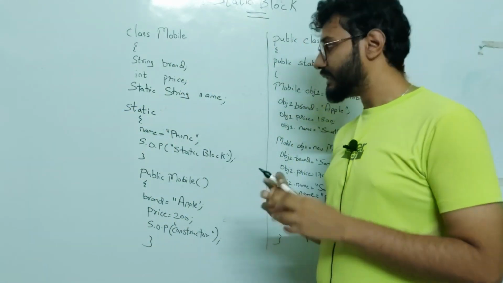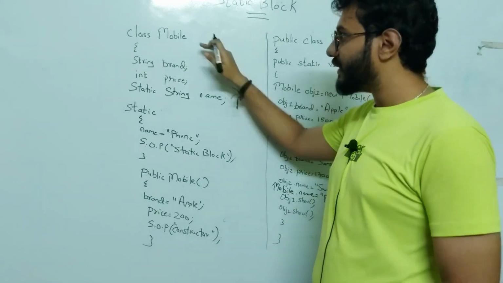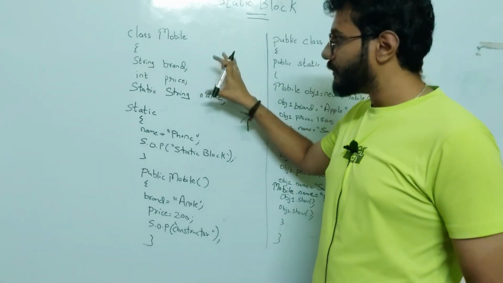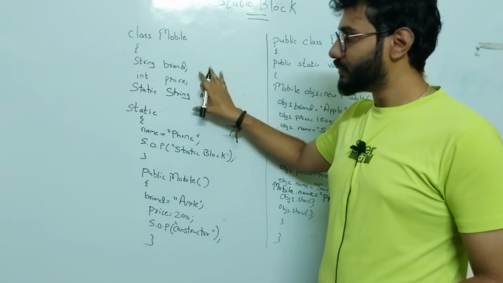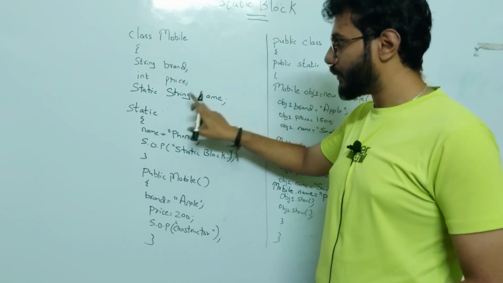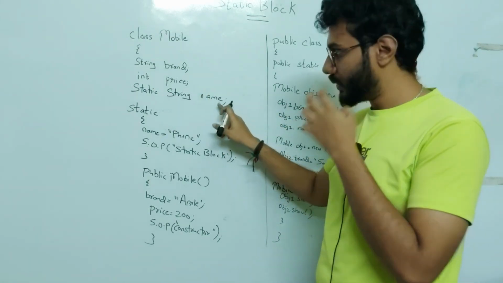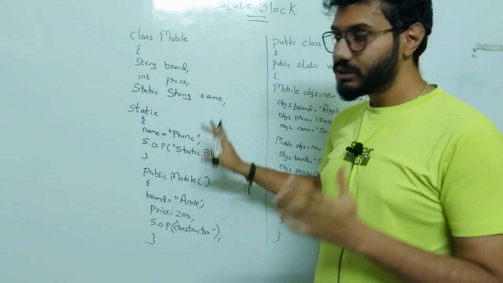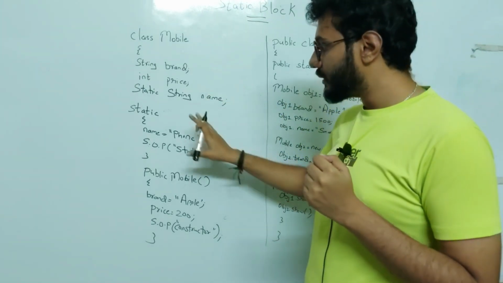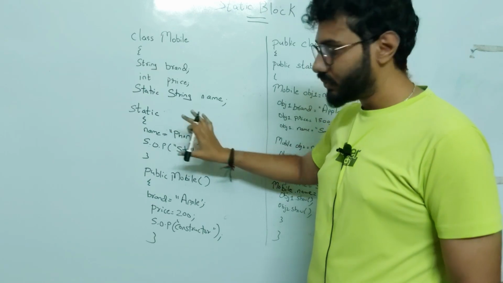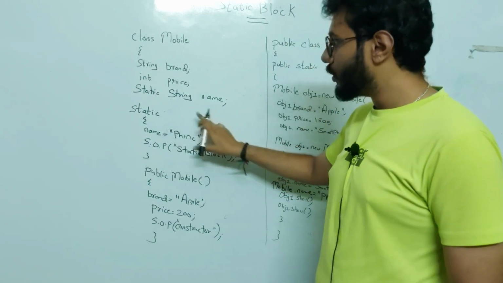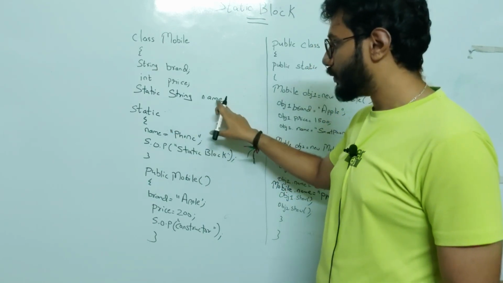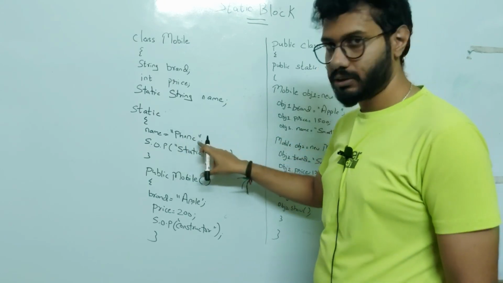So here you can see the code, where we have a class mobile, and we have three variables: two are instance variables and one is the static variable name. Here you can see a change in the code, that is, you have a static block. This is known as a static block, where you are initializing, giving the value of the name, that is phone.